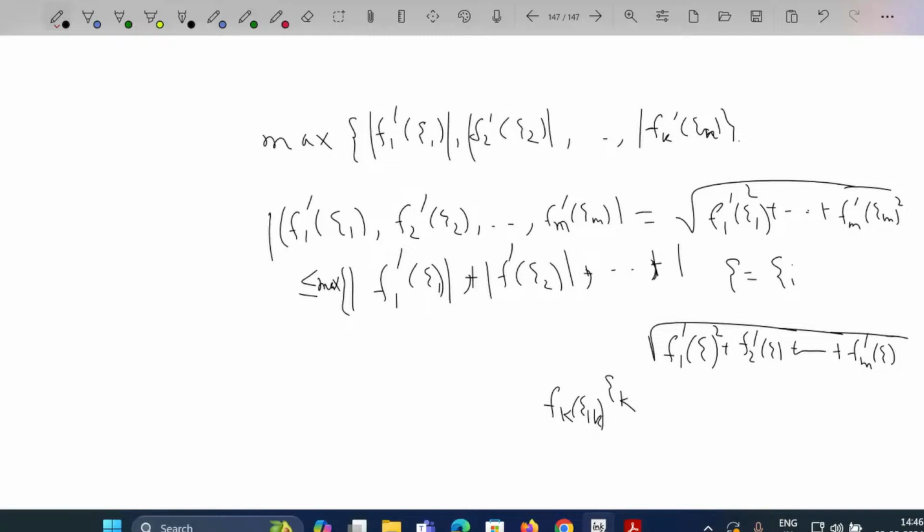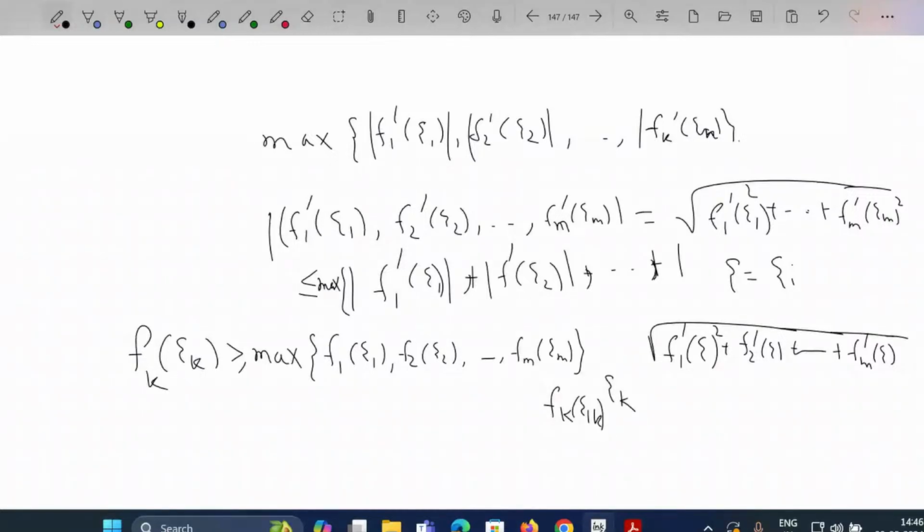So for this zeta_k, you are saying this value is greater than or equal to the maximum of f1 zeta 1, f2 zeta 2, fn zeta n, correct? Is that what you are saying? What are you saying here?